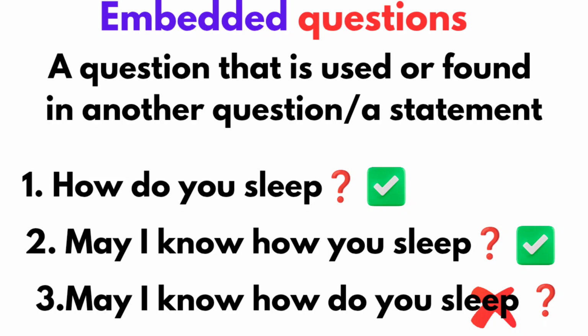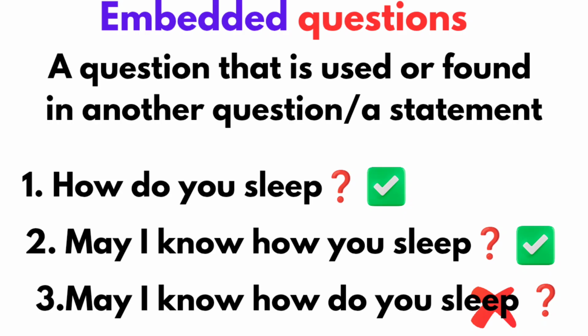Here, look at the first example. How do you sleep? It is a regular question and it follows the normal structure. Look at the next two sentences. May I know how you sleep? This sentence is correct. This is called an embedded question. Why is it called an embedded question?